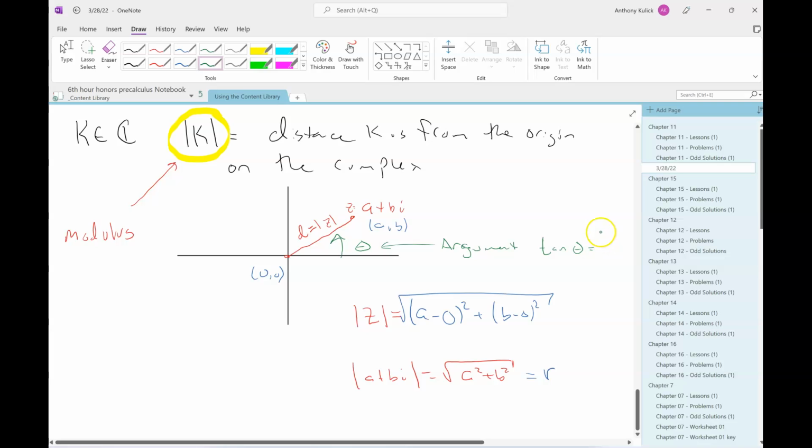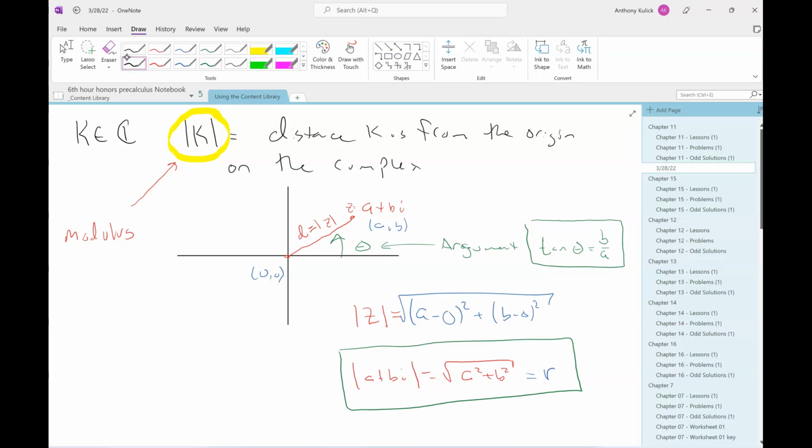Tan theta is going to be b over a. Boy, is this looking familiar yet? Yeah, it looks incredibly familiar. Everybody's still doing okay? So if I take these two things together, the modulus and the argument, that also describes the location of that complex number z, correct?